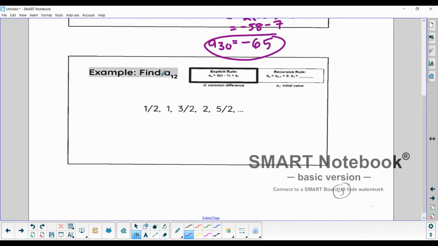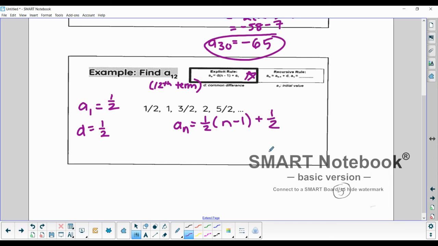So this one wants me to find a sub 12. So this is basically saying the 12th term or the 12th number in the list. So again, I'm going to use the explicit rule. So a sub 1 and d are the parameters I need to know. A sub 1 is a half. D is also a half. So the formula will be a sub n equals d times n minus 1 plus a sub 1.